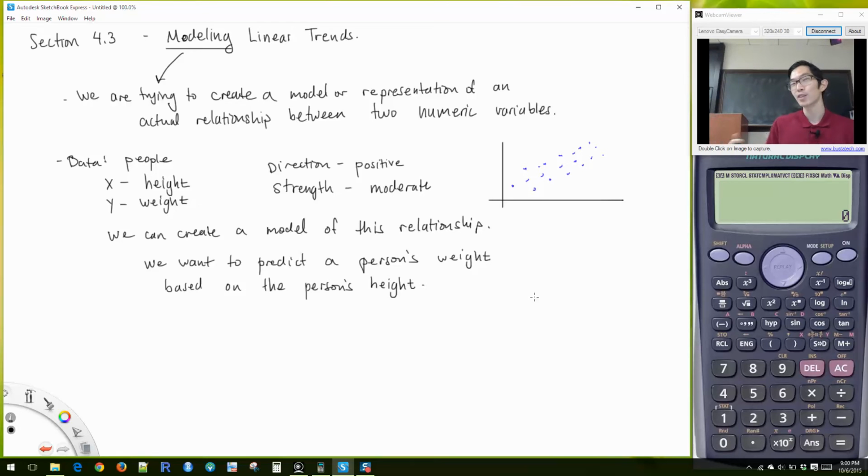Or for our friends from the metric system, if I say someone's around 150 centimeters, your prediction is different than if I said this person's 180 centimeters. So your prediction for weight would be different based on the information you have about height. How should we make the predictions? That is the model that we're going for.